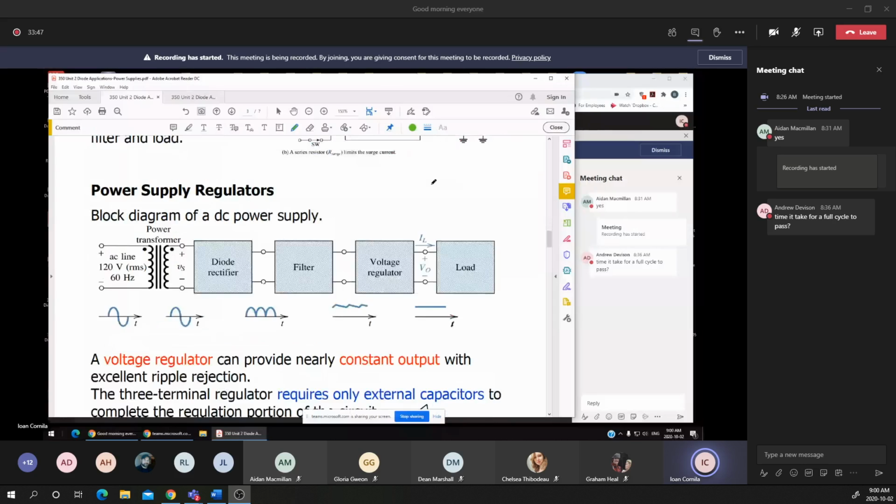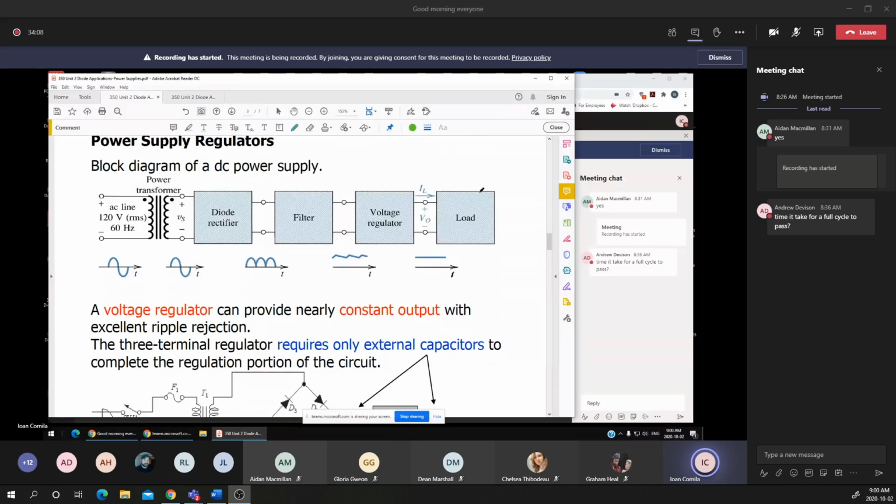Now we'll move into power supply regulators, and this is most of the time what we are using at home. Suppose that you have an AC to DC converter that is used to charge your phone, to charge any devices at home, or just for general purpose applications.